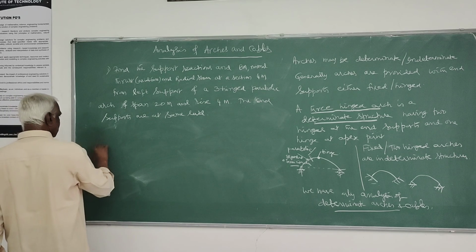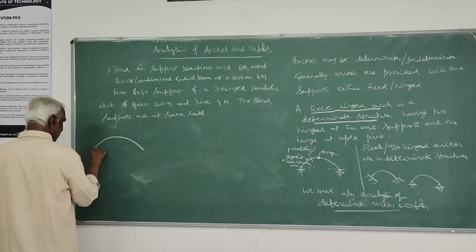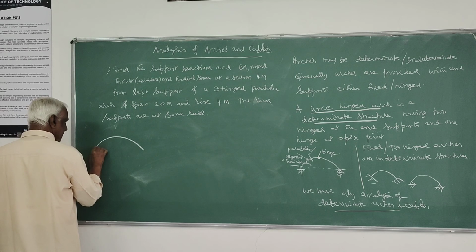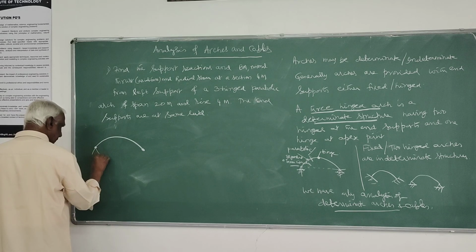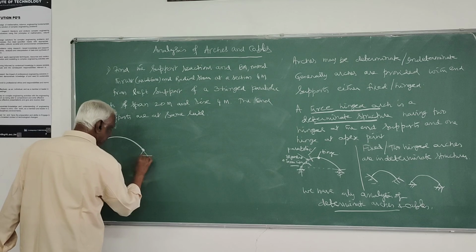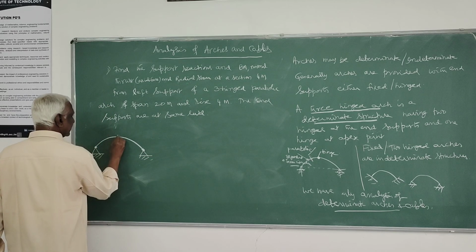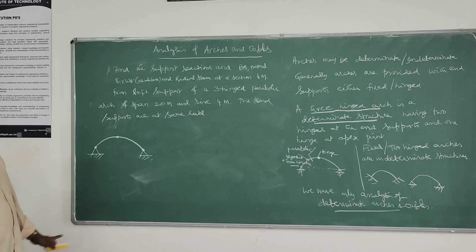So that means you have a three-hinged arch. Generally, I told you the three hinges, two hinges will be at the supports, end supports, and the third hinge usually will be at the apex point or highest point in the arch.